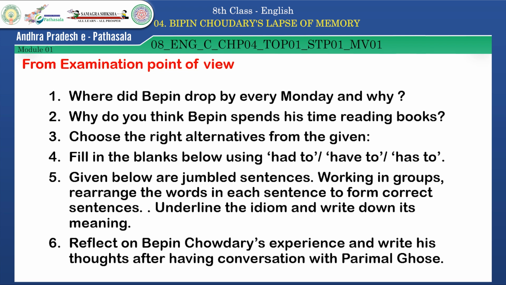Given below are jumbled sentences; working in groups, rearrange the words in each sentence to form correct sentences. Underline the idiom and write down the meaning. Reflect on Bipin Choudhury's experience and write his thoughts after having a conversation with Parimal Ghosh.